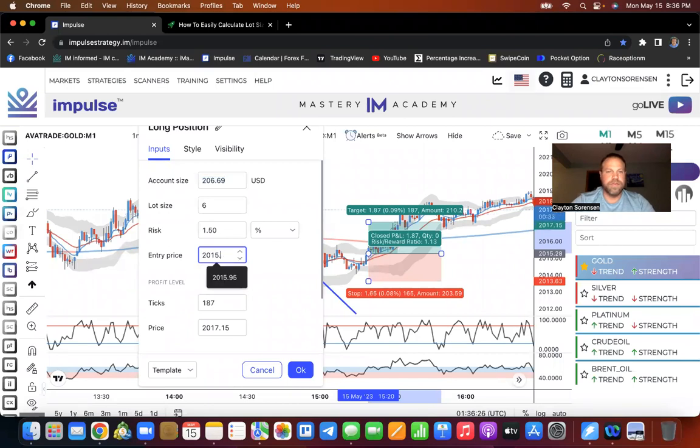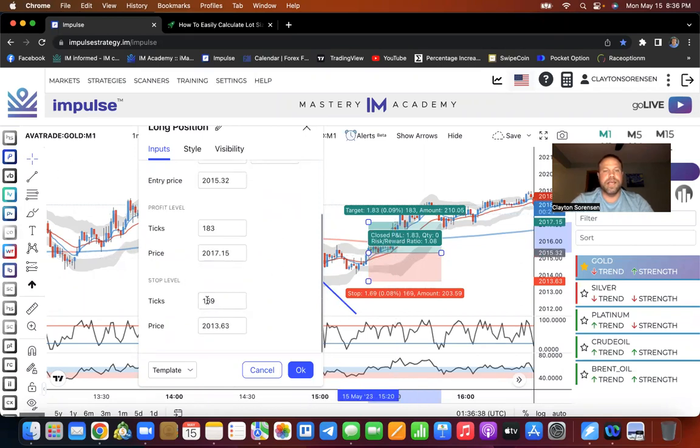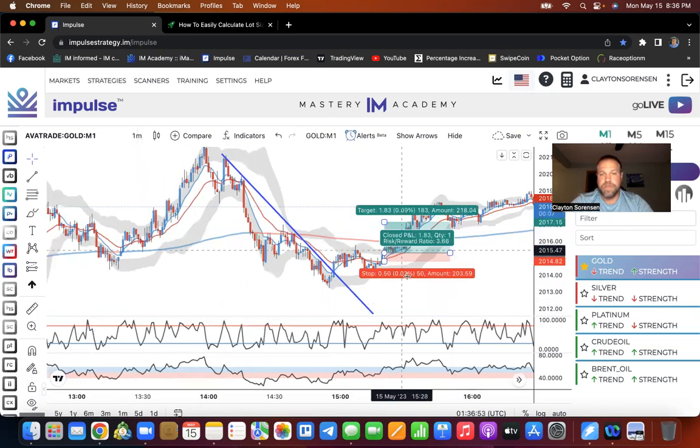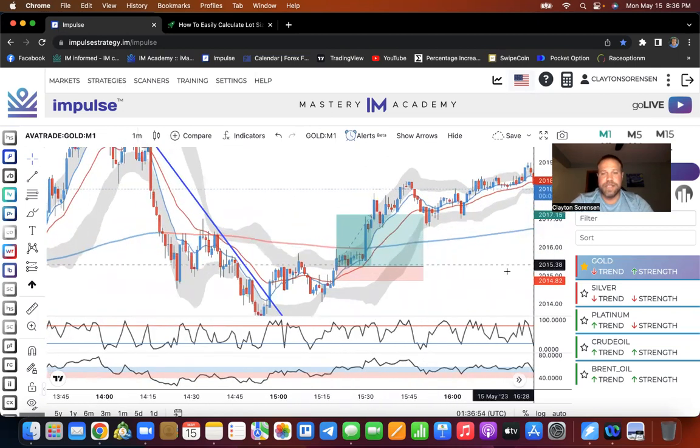I hit my mouse and click on it, and that automatically adjusts my line. I always do 50 pips. You click on that, click on this side here, and it automatically adjusts. You're good to go. That's how easy I do my stop losses.